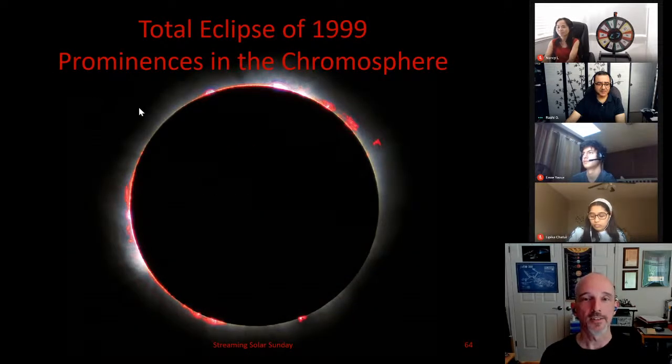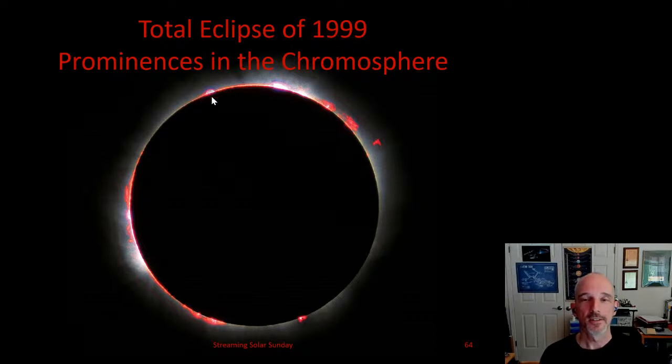Wow. Yeah, and so here we have some views of prominences from total eclipses, right? So this was from 1999. So this is actually quite fantastic. If you have not seen a total eclipse yourself, hey, go check it out in 2024. Normally we need our hydrogen alpha telescopes to isolate the hydrogen alpha light, that red light, right, that reveals the prominences.